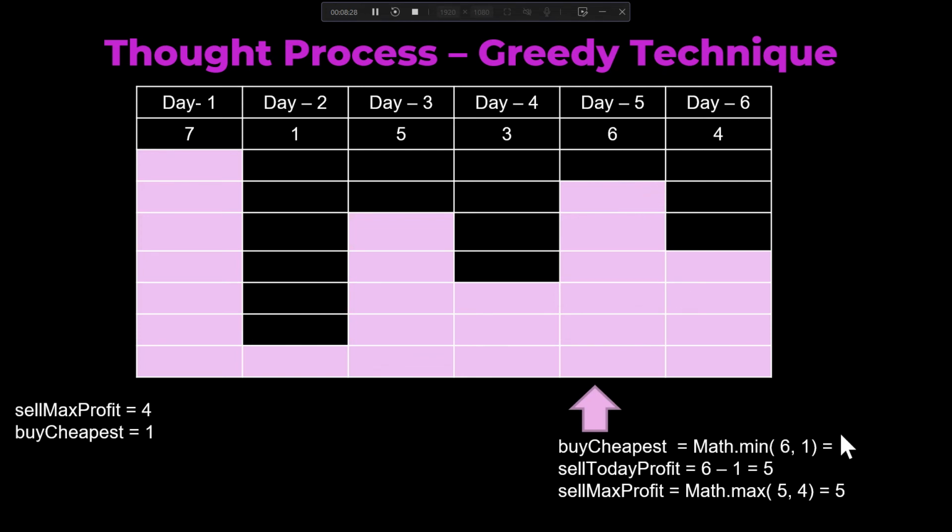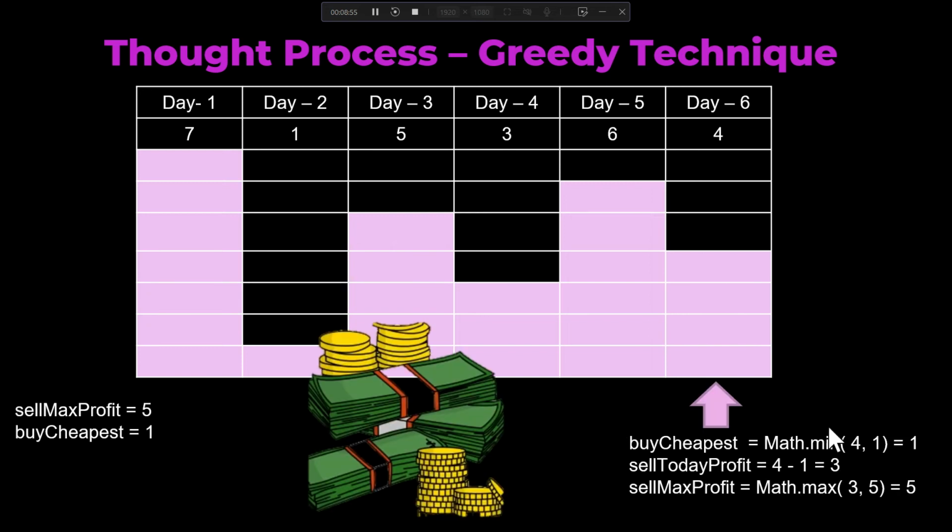Of course we still keep that this is the buy day, we will buy on this day, and we calculate the profit. Here we can see that 6 minus 1 is 5. Now we update it, 5 and 4, because currently it is 4, and after we calculate today's profit, we can see that it's higher. So this is the locally optimal solution, so we update to 5.